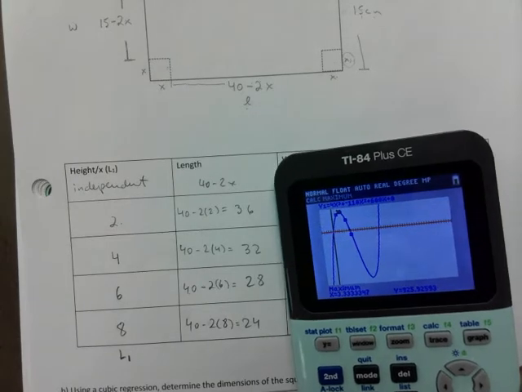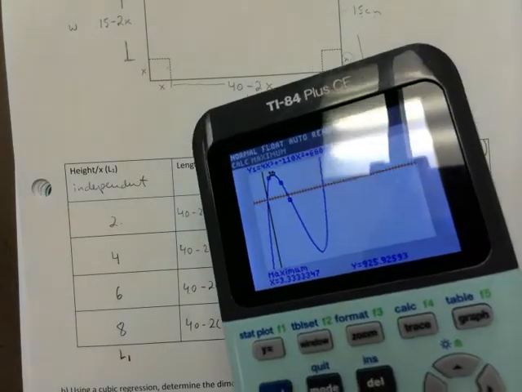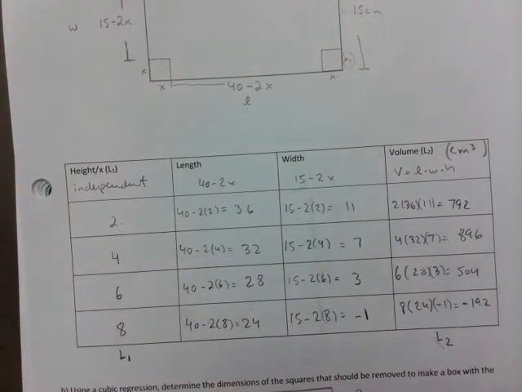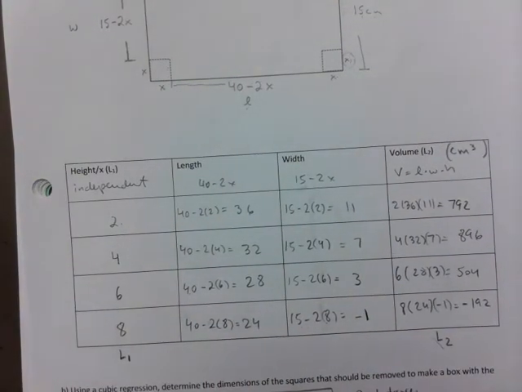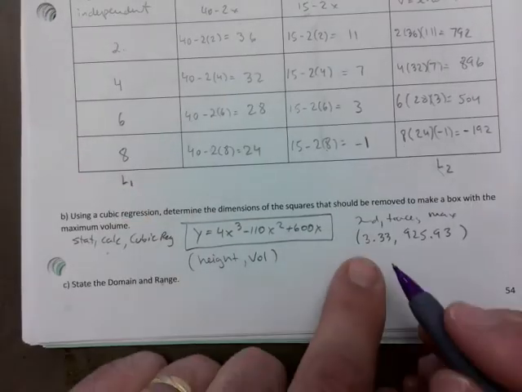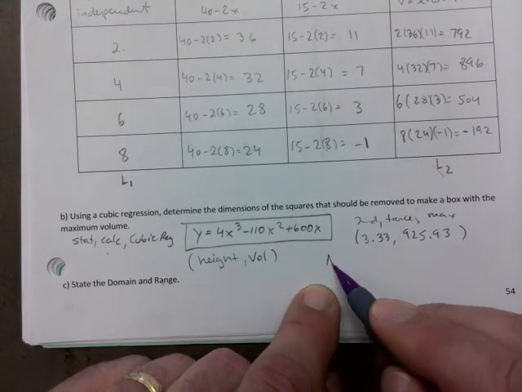So that's 3.33925.93. Okay, so second trace max, and we have 3.33, 925.93. Sorry you can't see that, but this is a height, right?